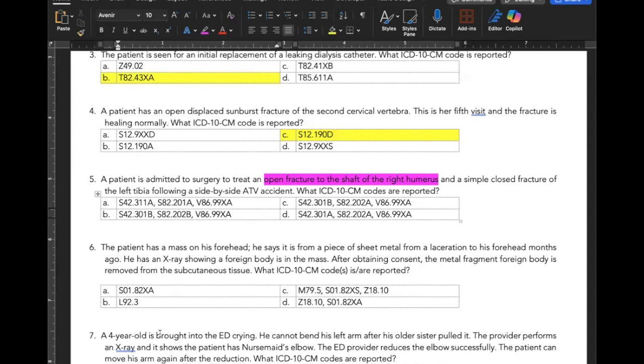S42.30. Okay. And then our 6th character is going to be our laterality, which is the right. So we're going to use the right arm. So 1. And then, yep, S42.301. And then we have to go find our 7th character for the open fracture.